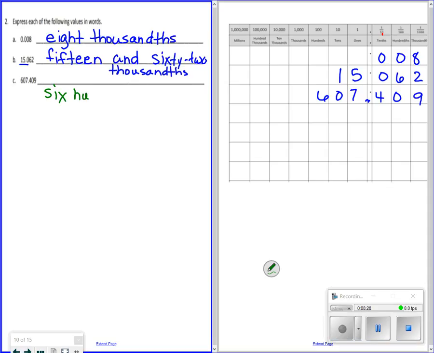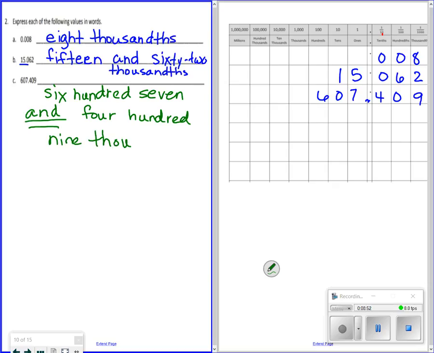Thank you for not saying that and again. 607 and for that pesky decimal, 4. So that was hard to say, wasn't it? 409 thousandths.